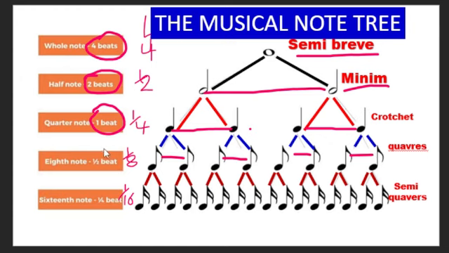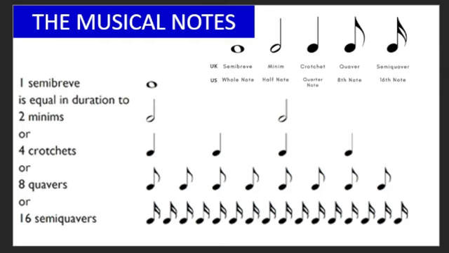The beat of this is half of the crotchet. Then we have the 16th note, which is the semiquaver. These are the main notes that we want to discuss, especially in grade 7. These are the notes that we continue discussing.